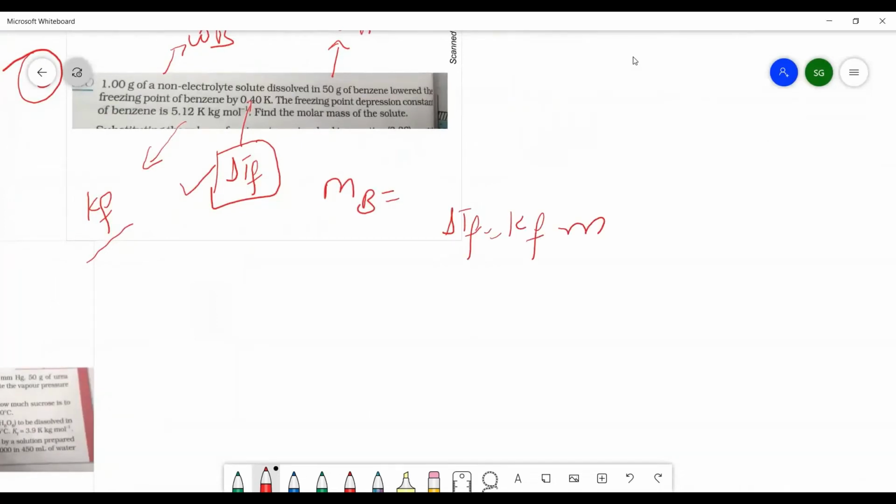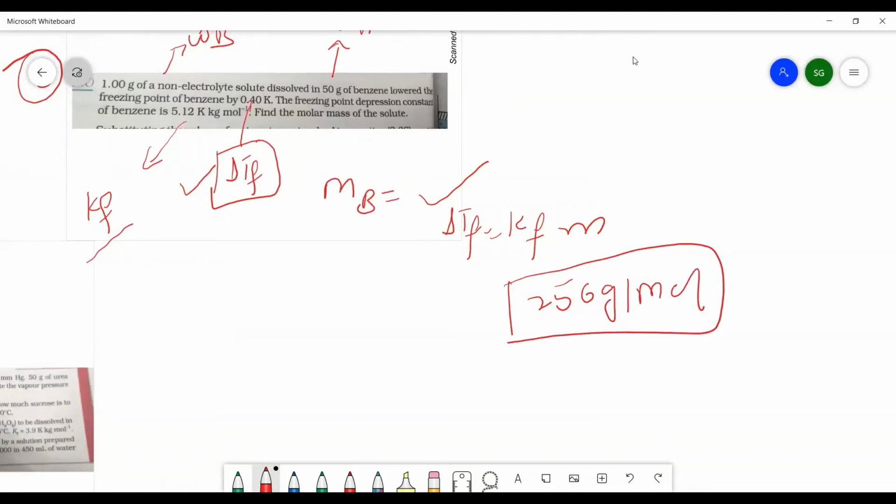Delta TF is given to you, and for the rest of the part, when you substitute in this, you will get the answer 256 grams per mole. The most important thing is the calculation part, and the substitution part is not so difficult. But first of all, you have to find out what is actually given in the numerical.